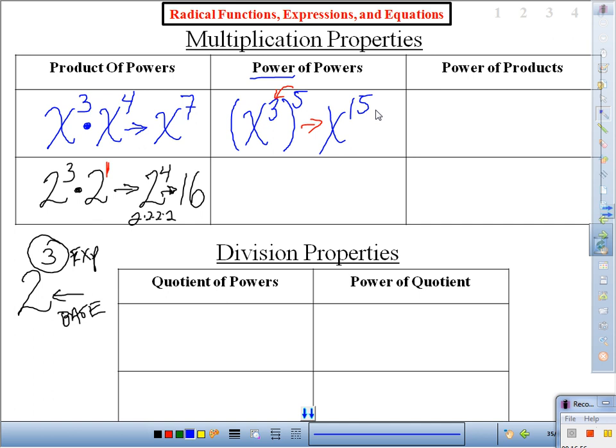Tell your neighbor what that property does, please. And now that you know, copy this. Parentheses 7 to the 4th power, close parentheses to the 9th power. Simplify that, please. Don't say it out loud. Keep it to yourself.